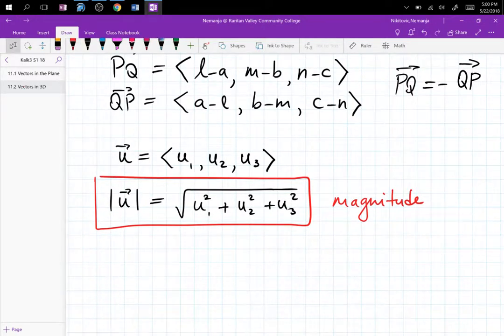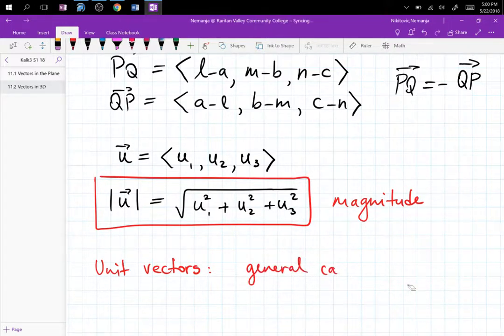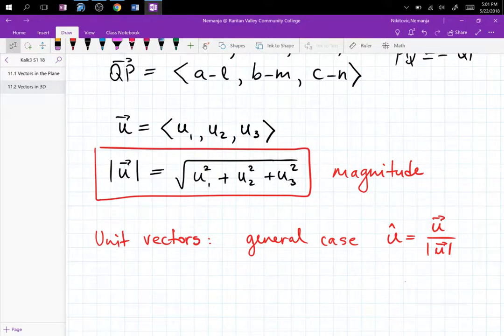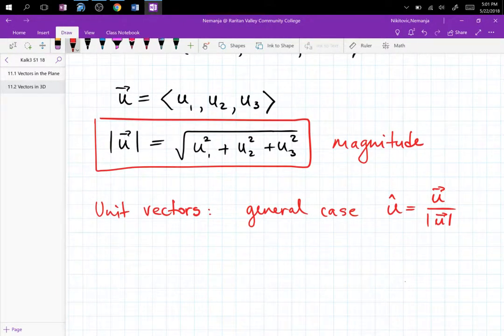Now, we do have those special unit vectors we talked about. The general case is vector u hat is any vector u divided by its magnitude. So this formula, which we learned last class, works in any dimension, so it works in 3D as well. But we also have those vectors that give us the x, y, and z direction.